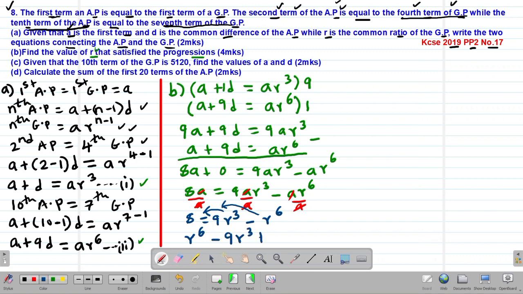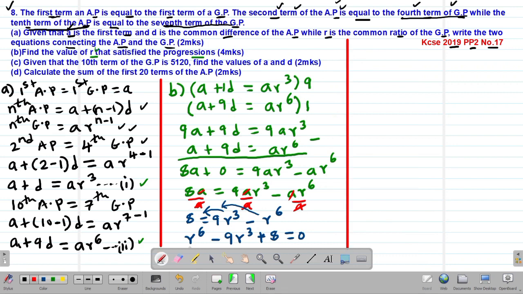Then 8 was still on the left hand side, so this will be plus 8. On the right hand side, we are going to retain 0. Now, this is a quadratic equation, although we need to do some modifications on it for us to get the perfect quadratic equation. So let me separate my working with this particular line here.